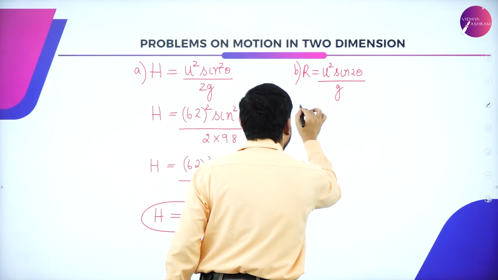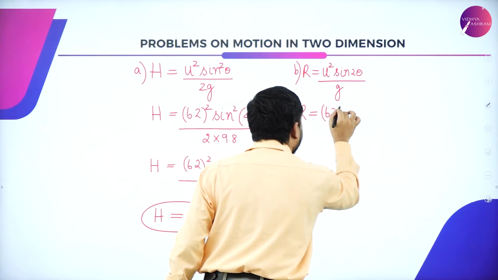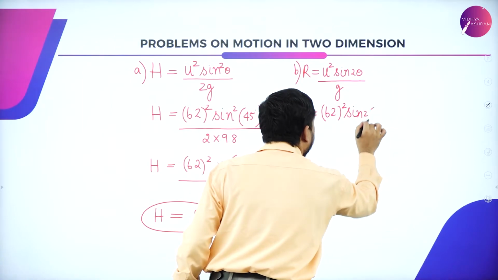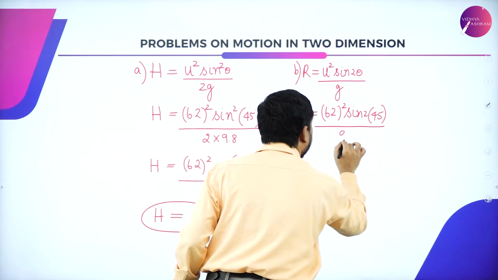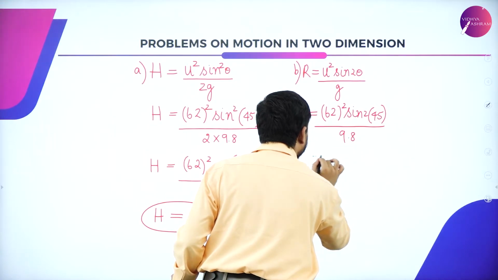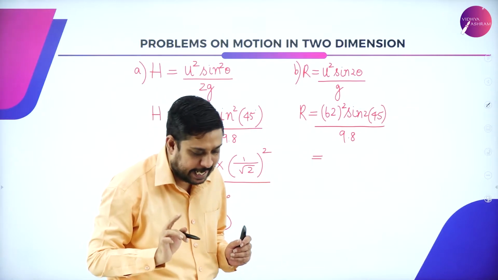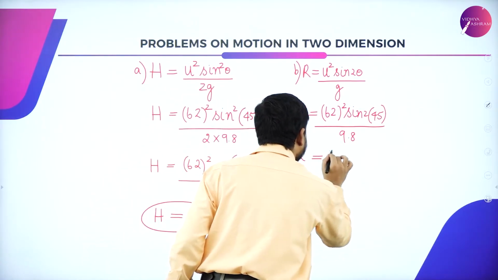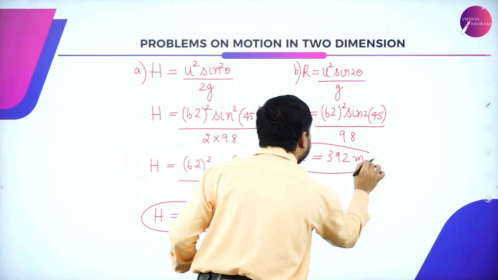Again, this is 62 square sin 2 into 45, by 9.8. Sin 45 is sin 90, which is 1. Therefore, range is nearly 392 meters.